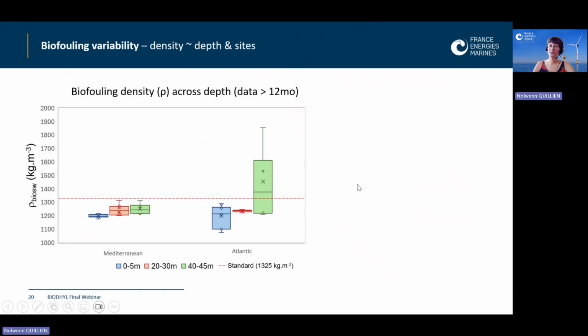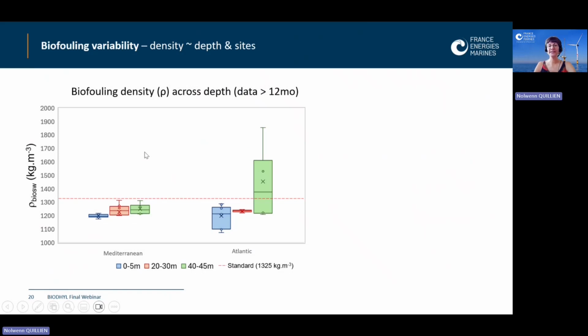Then we wanted to present you data regarding the density of biofouling, expressed as rho, which is the density in kilograms per cubic meter, calculated based on the wet weight measured in water, as Guillaume has presented earlier.